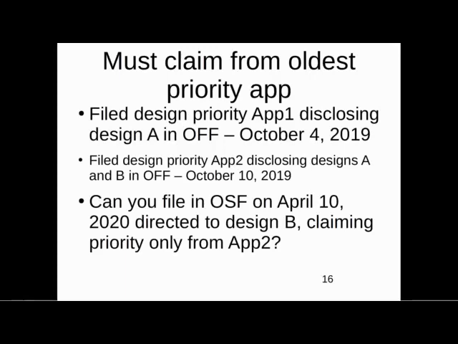The answer is yes. You can then claim priority from the second of the 2 foreign applications, and it will not be a defect that there was an earlier application, as long as you had the self-control that you did not try to claim any of the A subject matter.